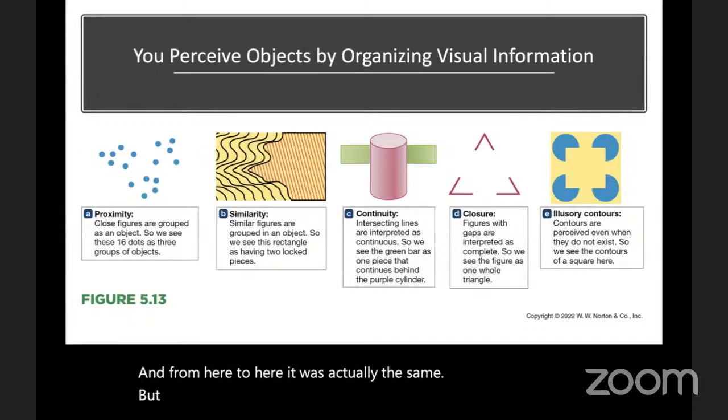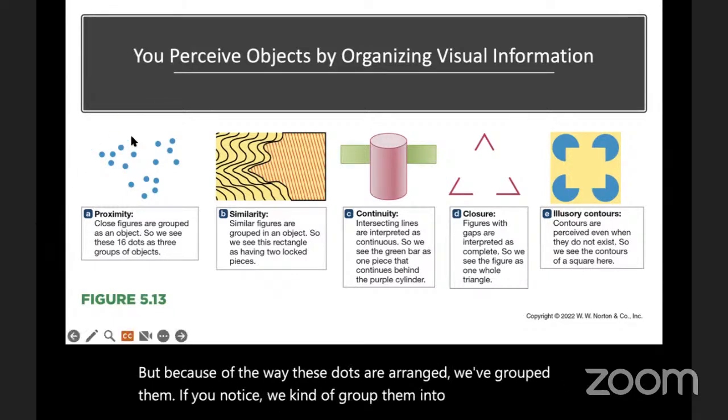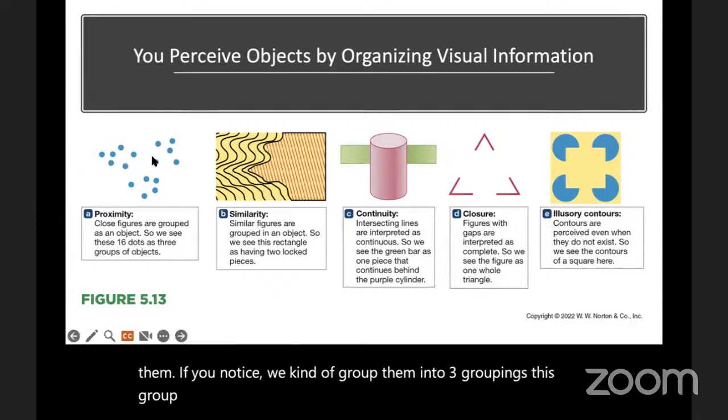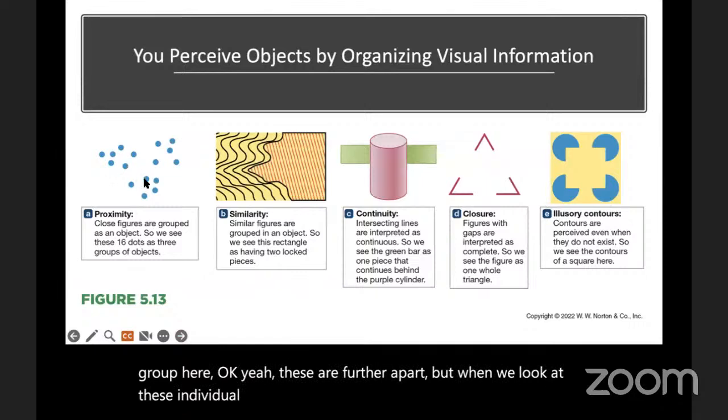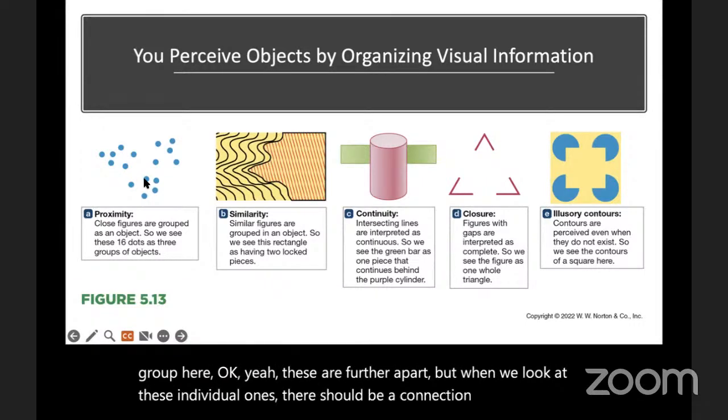But because of the way these dots are arranged, we've grouped them. If you notice, we kind of group them into 3 groupings. This group here, this group here. Now these are further apart, and this group here. Yeah, these are further apart, but when we look at these individual ones, there should be a connection between all of them, okay?